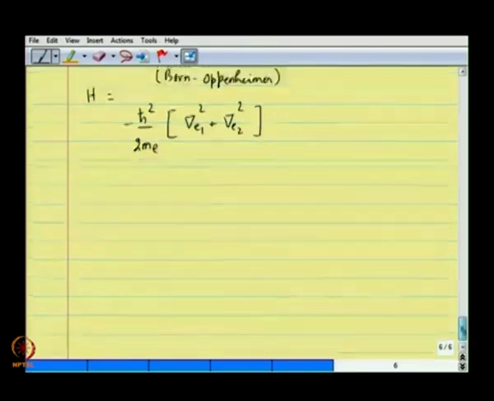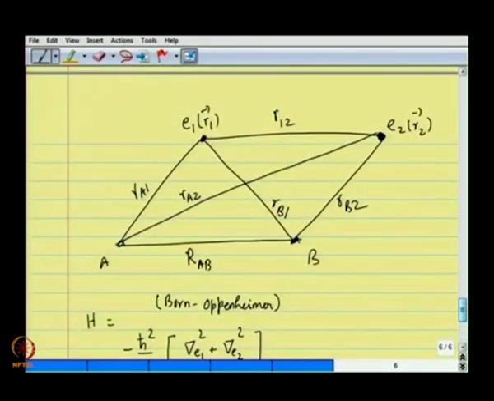The potential energy is now going to be a sum of 4 Coulombic attraction terms: electron 1 with the nucleus A, electron 1 with the nucleus B, electron 2 with the nucleus A, electron 2 with the nucleus B. So you have 4 electron nuclear attraction terms, and then we also have 2 repulsion terms, electron 1 with electron 2 and nucleus A with the nucleus B. We will include the nuclear repulsion term in our calculation because we want to calculate the hydrogen molecule energy as a function of the internuclear separation between the 2 hydrogen atoms to find out where the minimum is, what that distance corresponds to, and how it correlates with the experimentally determined bond energy and bond distances.